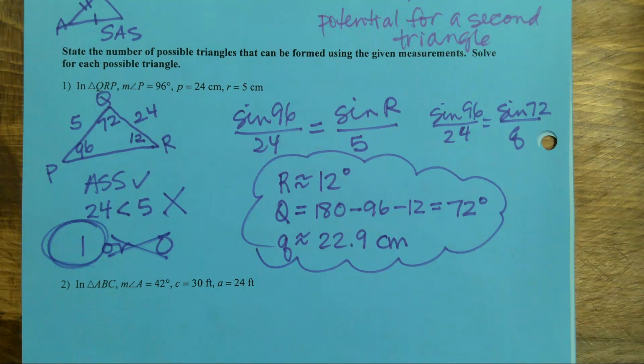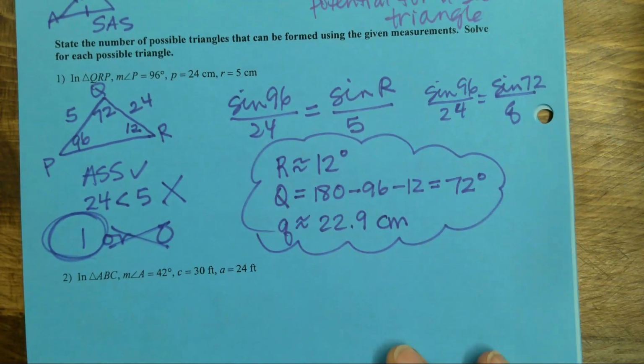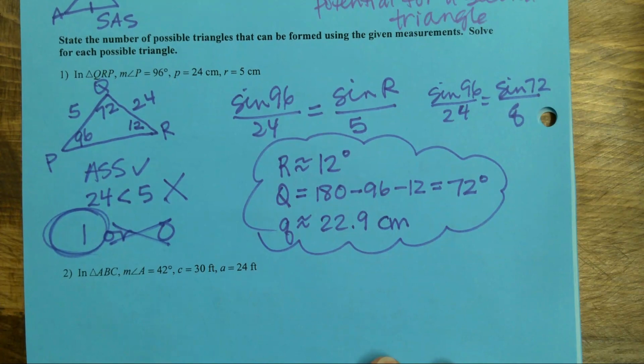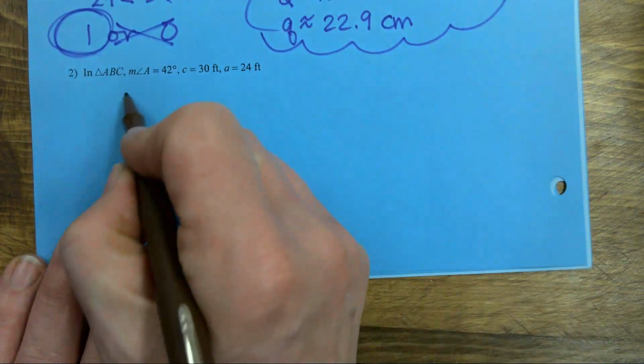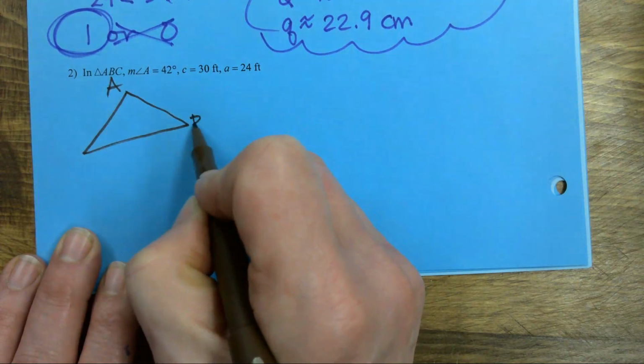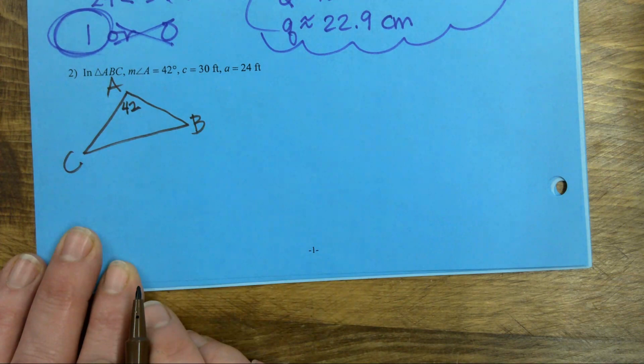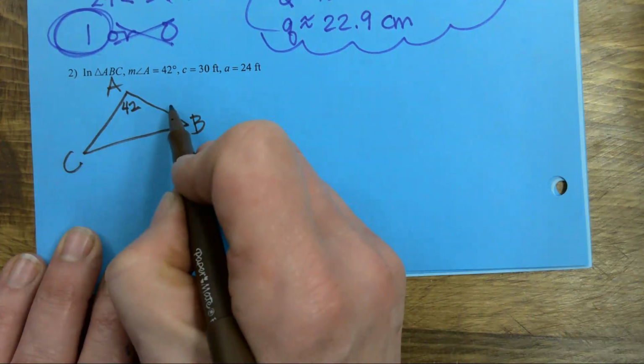So let's see what the ASS can really be. Okay? So I'm going to go through the same process. A, B, C. Angle A is 42. Side C is 30.